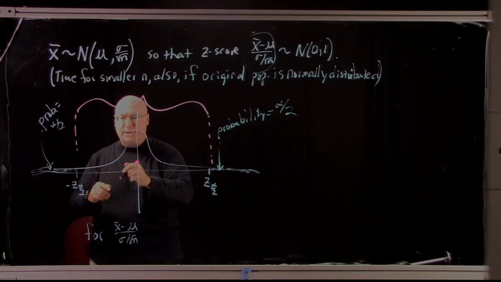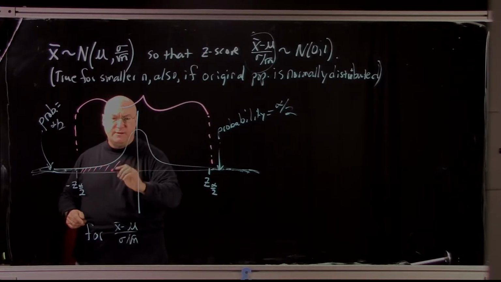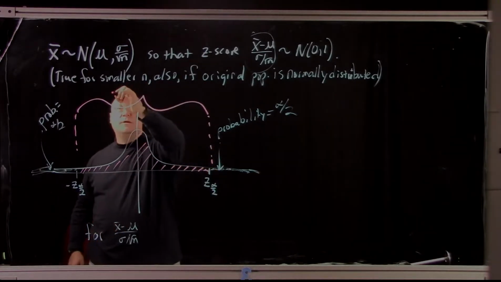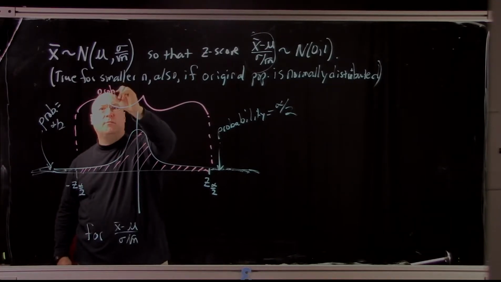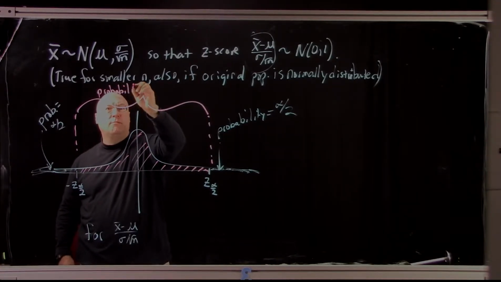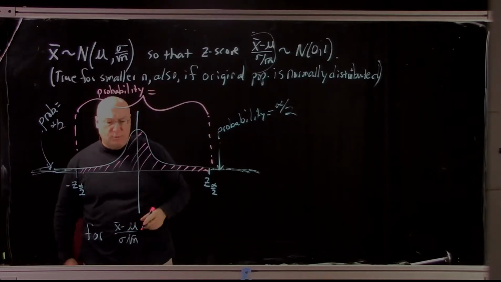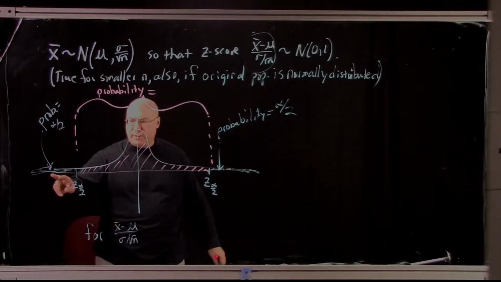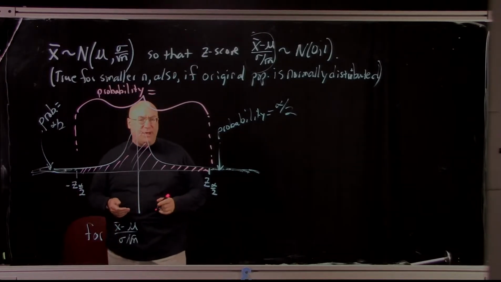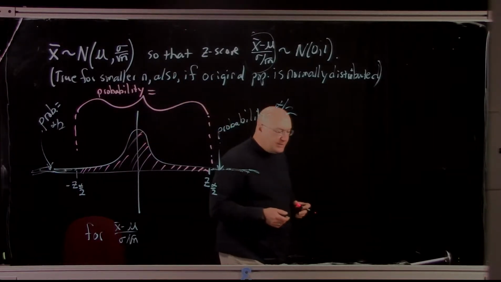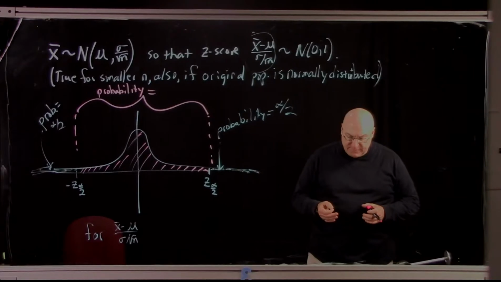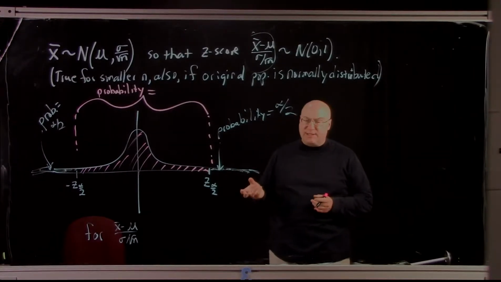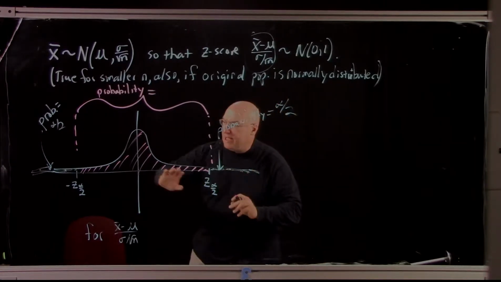The probability of this area is equal to, well, look, I have alpha over 2 out here, alpha over 2 out here. So put them together, I have alpha. This is like I'm doing a hypothesis test that's two-tailed with significance level alpha, right? I put half of alpha here and half of alpha here.